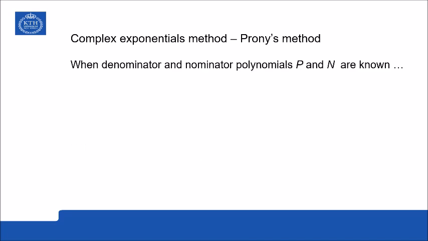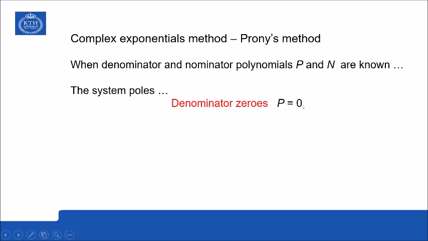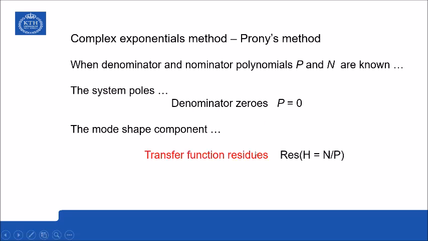When the denominator and numerator polynomials are known, you can calculate the system poles, which are one set of the mode parameters that we're looking for. That is simply the zeros of the denominator polynomial. You can also calculate the mode shape component that corresponds to the frequency response function you are analyzing by calculating the transfer function residues.